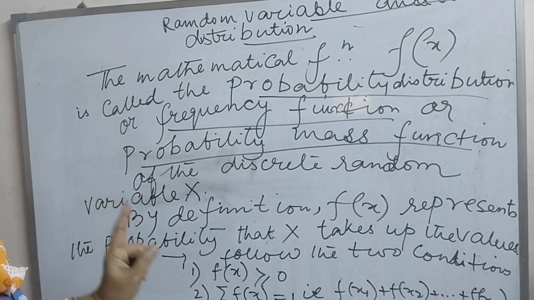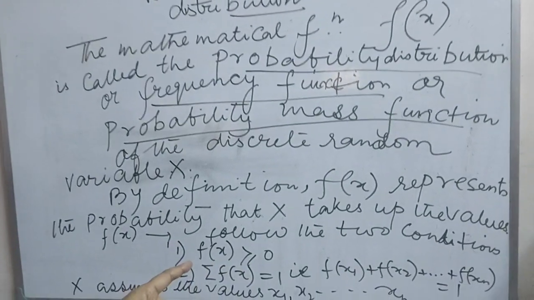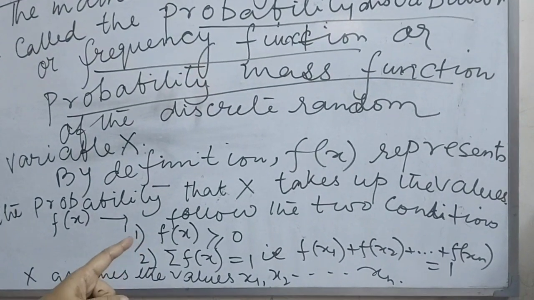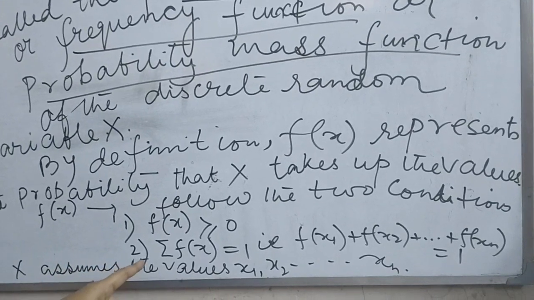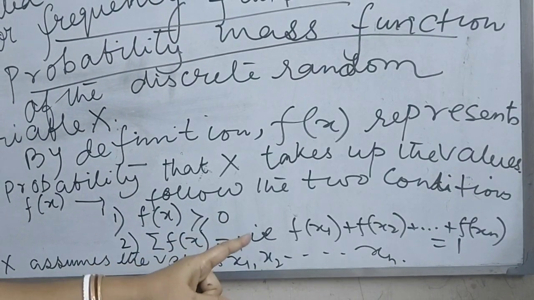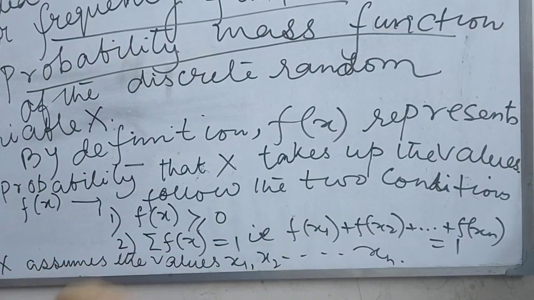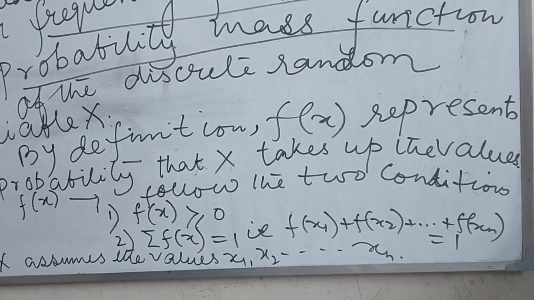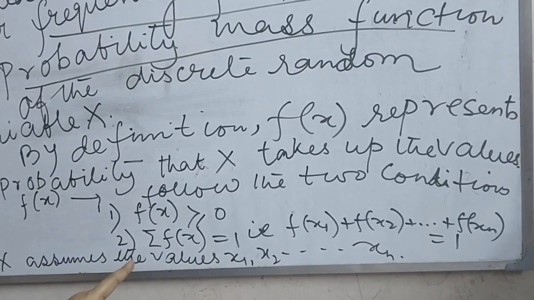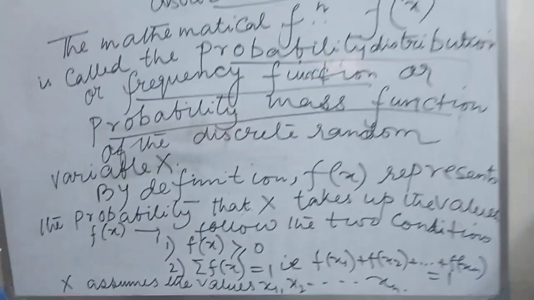One condition is f(x) greater than or equal to 0, and the second condition is summation f(x) equal to 1, that is f(x1) plus f(x2) plus ... plus f(xn) equal to 1, where X assumes the values x1, x2, ..., xn.